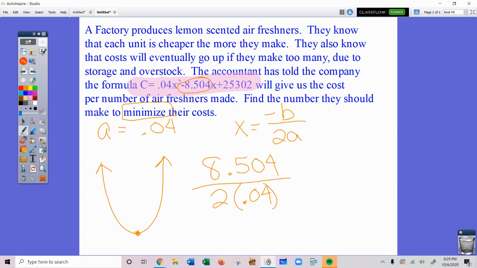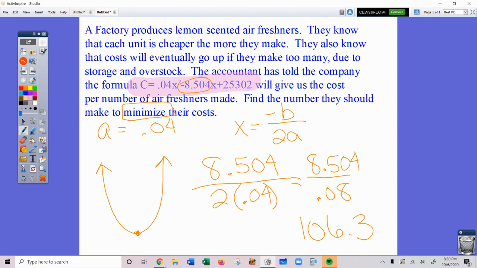So we're going to need our calculator on this one most likely. So 2 times 0.04 is going to give us 0.08. And now we're going to divide. So 8.504 divided by 0.08 gives us 106.3.